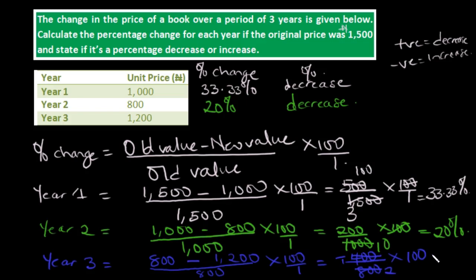So we have minus 100 over 2, which is minus 50%. So here we have minus 50% change in the price of the book. And don't forget I said the negative is just trying to tell us whether it's an increase or decrease. So we have a 50% increase in the price of the book, and that is about it.